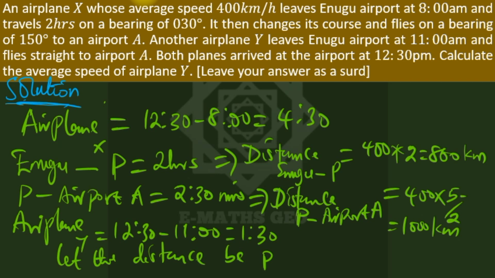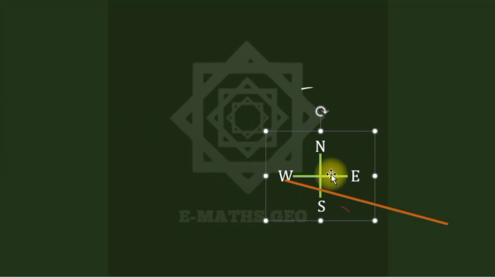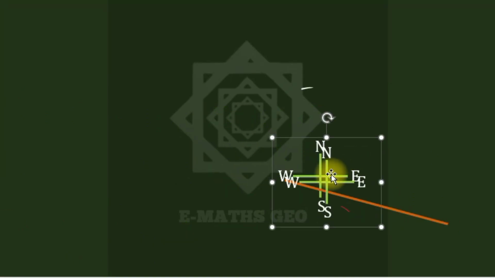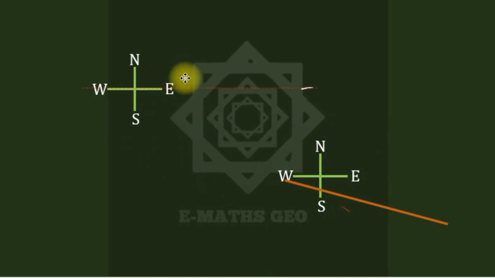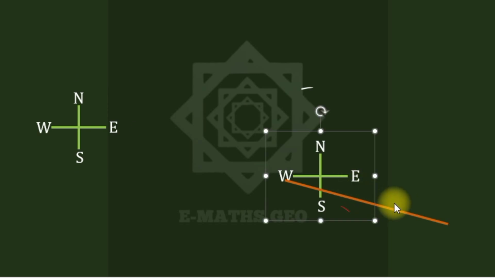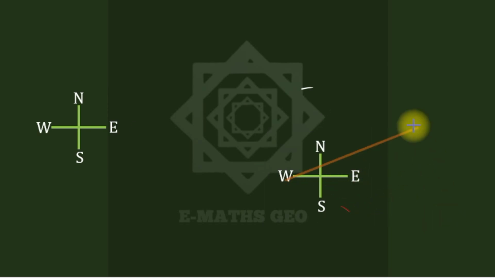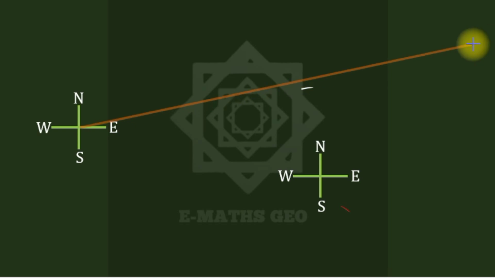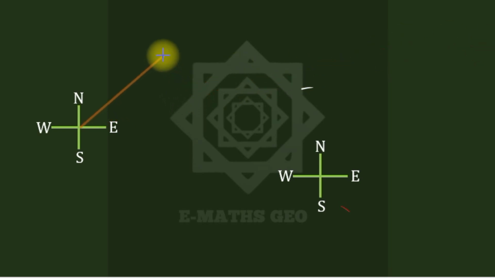So let's now draw the diagram and generate the points. That's our airport, Enugu Airport, at a bearing of 30 degrees. From here to here is 30 degrees, and this is the cardinal point.